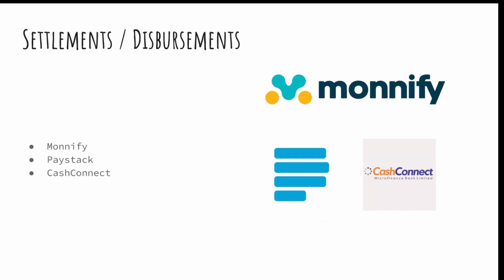Then Cash Connect. For disbursement, it's 15 naira for Cash Connect. It's capped at 15 naira, not even capped, it is 15 naira per transfer, while Monnify and Paystack give you tiered transfers for ease of integration. Cash Connect is a bonus. We basically use Cash Connect for our disbursement on Measure.